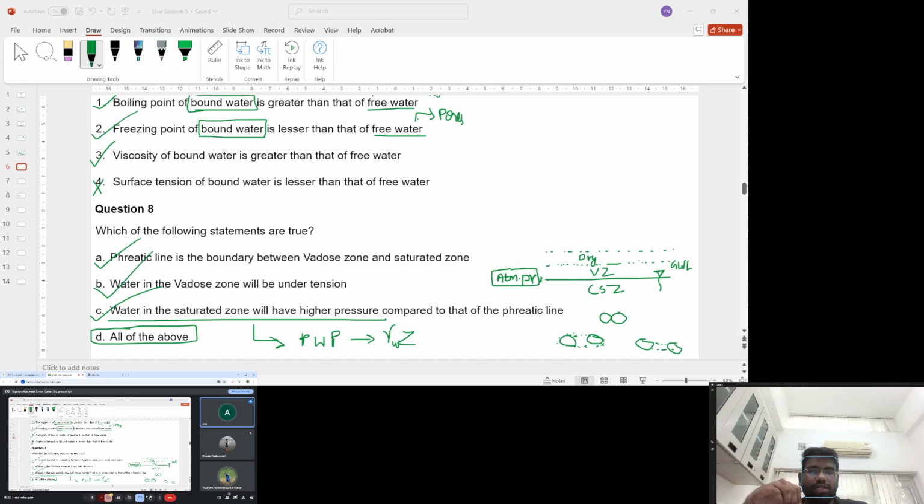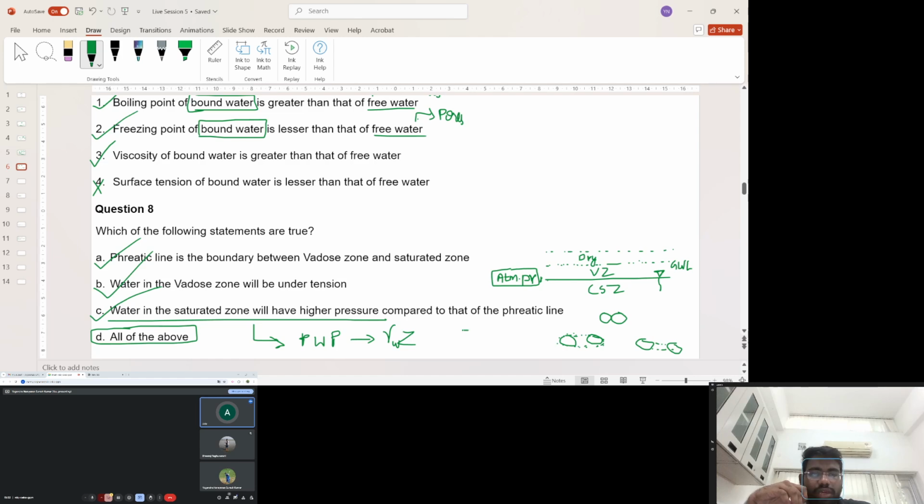Yeah, somewhere here two grains will be there, and usually in a partially saturated zone, water will be present like this. So it will be a meniscus kind of thing.